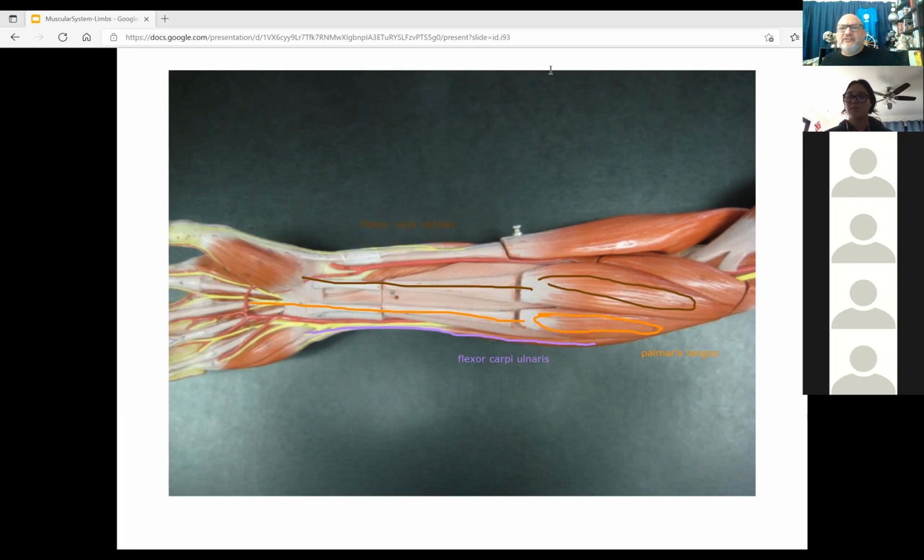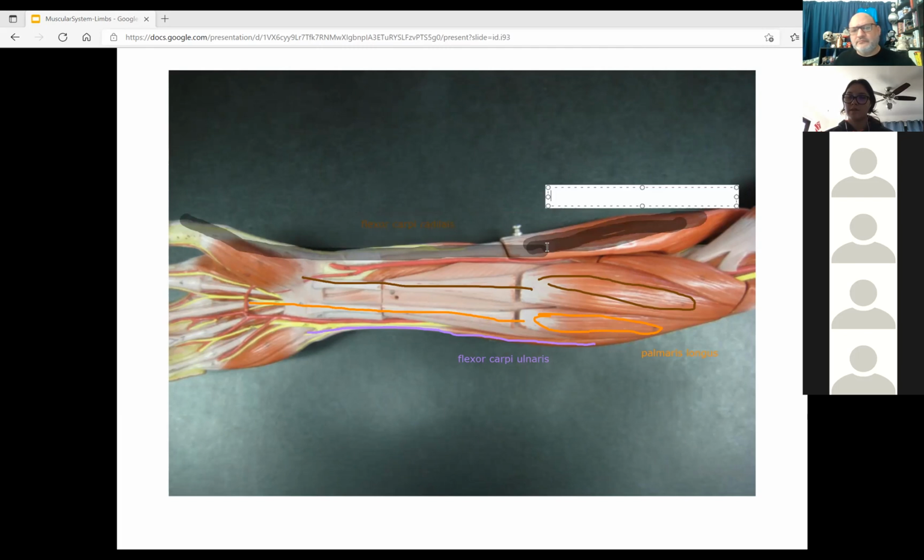And notice from there, we come straight to a muscle that lines right up with the thumb. What muscle is this that lines up right with the thumb? Extensor carpi radialis longus. Where did we start?